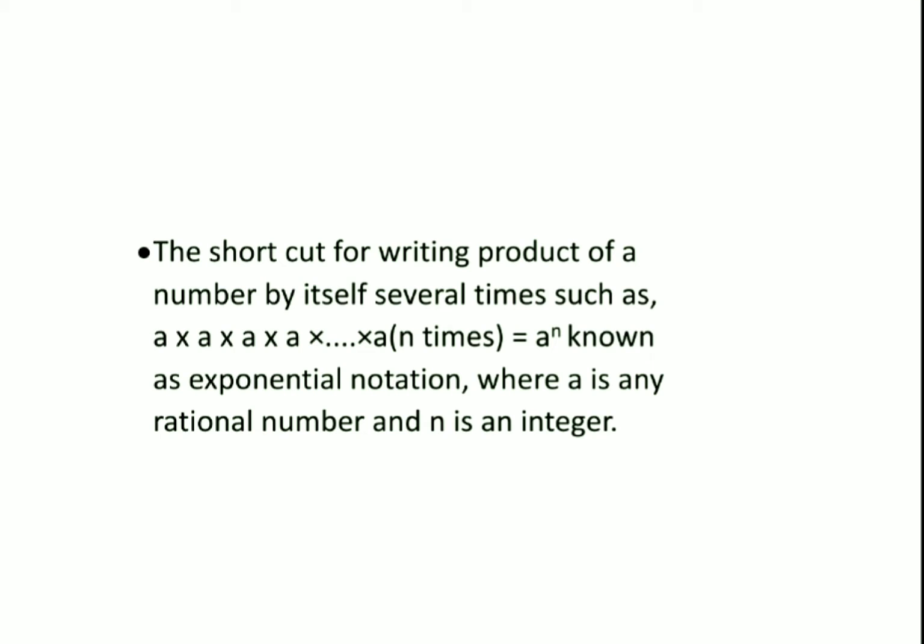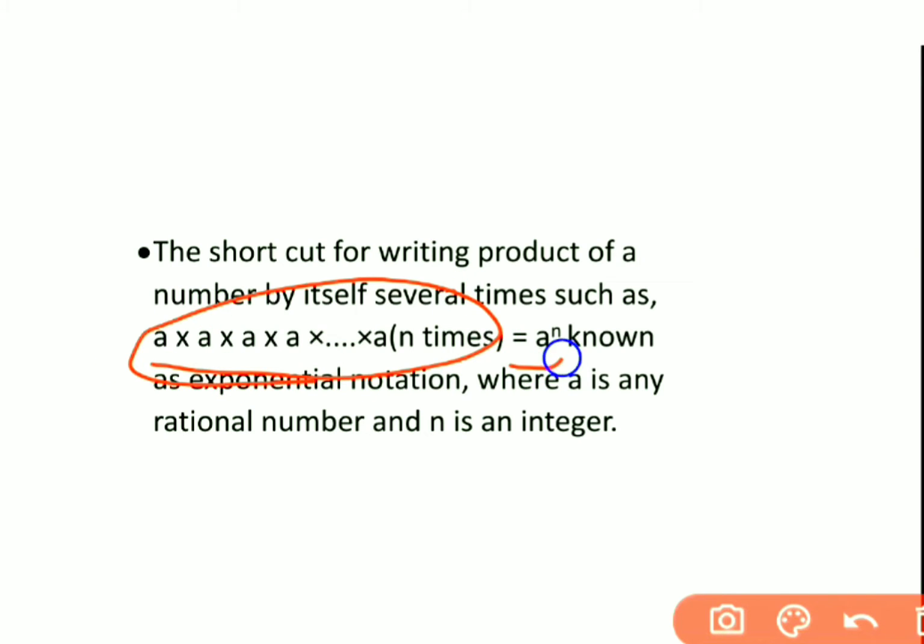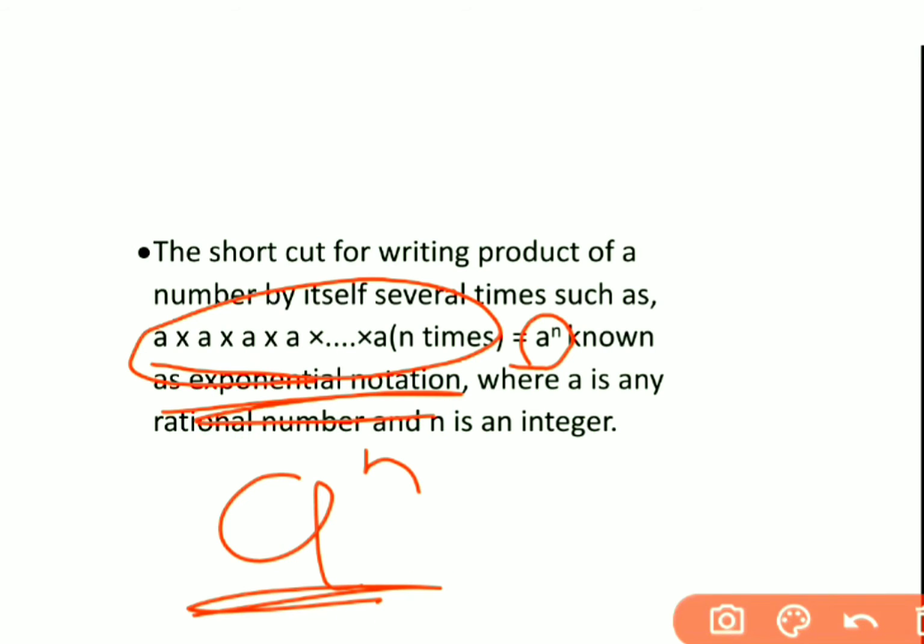Students, exponents provide us a shortcut for writing the product of a number by itself several times, such as you see on the screen: a is multiplied by itself n times, and so we get a raised to the power n. This form is known as exponential notation, where a is a rational number and n is an integer.